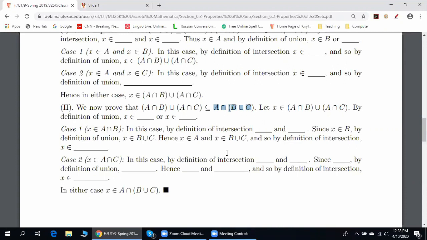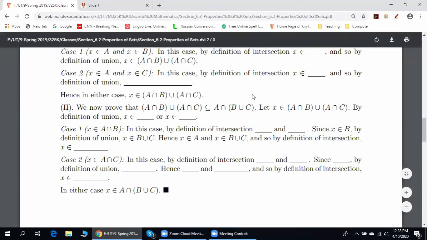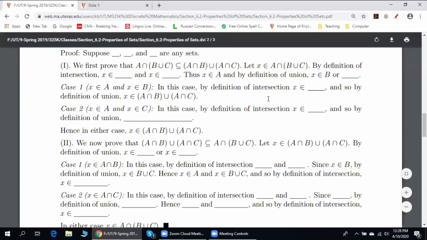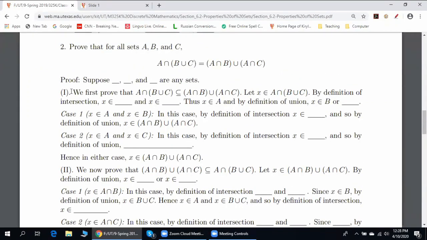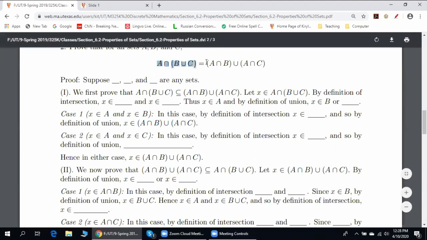Folks, any questions here? Can you go over the one before again? Yes, absolutely. We want to prove that the left-hand side is a subset of the right-hand side. So pick any element from the left-hand side. The left-hand side is an intersection.